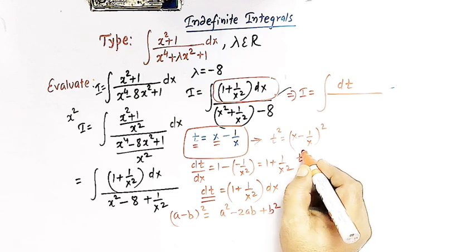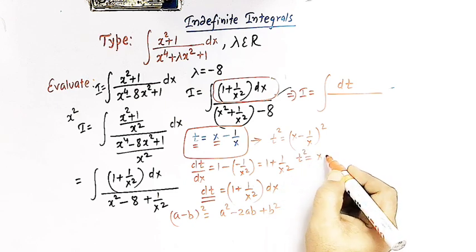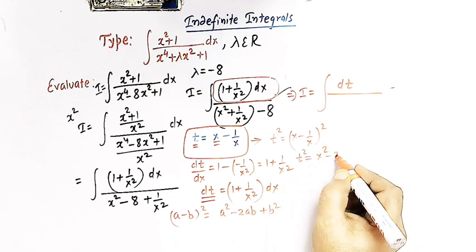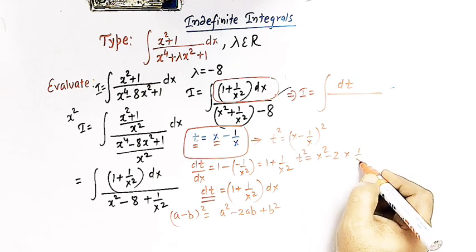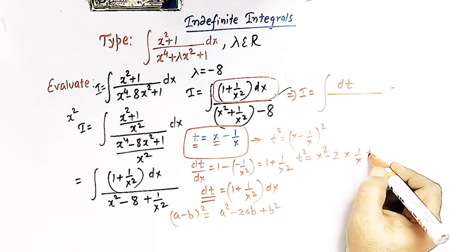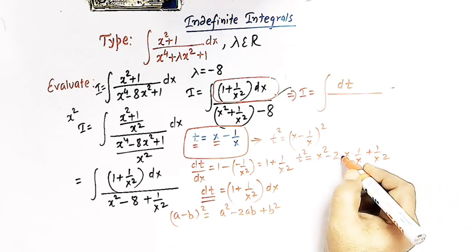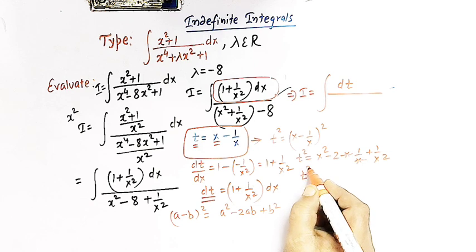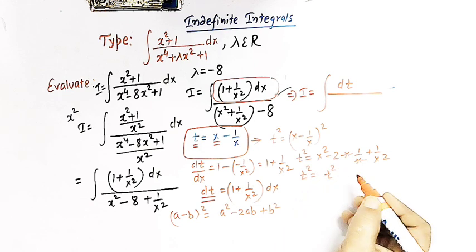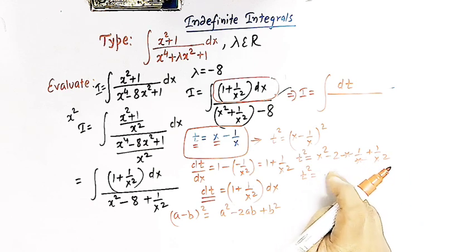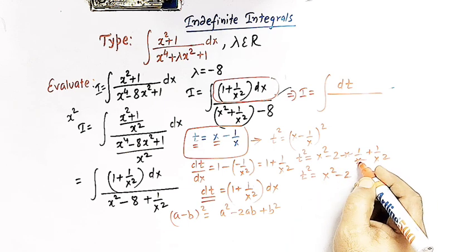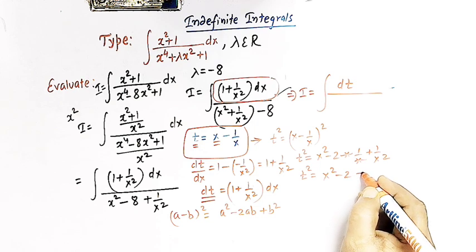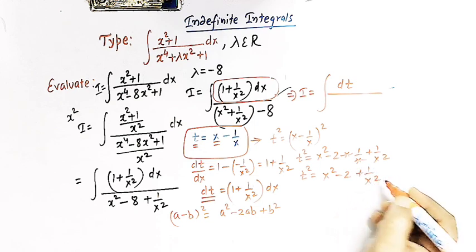So here t square is now equal to x square, then we have minus 2ab, so here we have x and 1 over x, and here we have 1 over x square. So this x and this x get cancelled, so we are now left with x square, minus 2, because x and x get cancelled, and here we have 1 over x square.